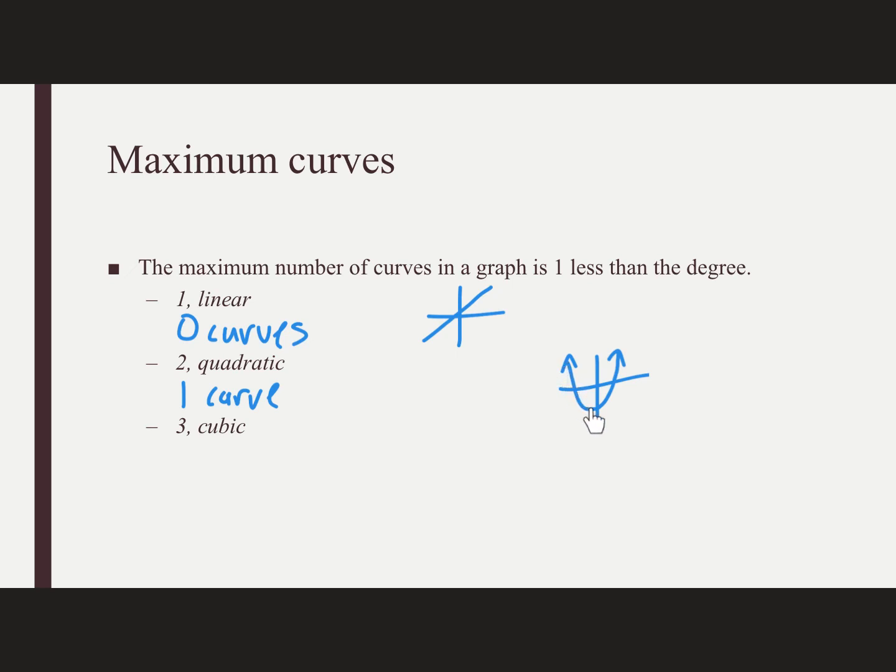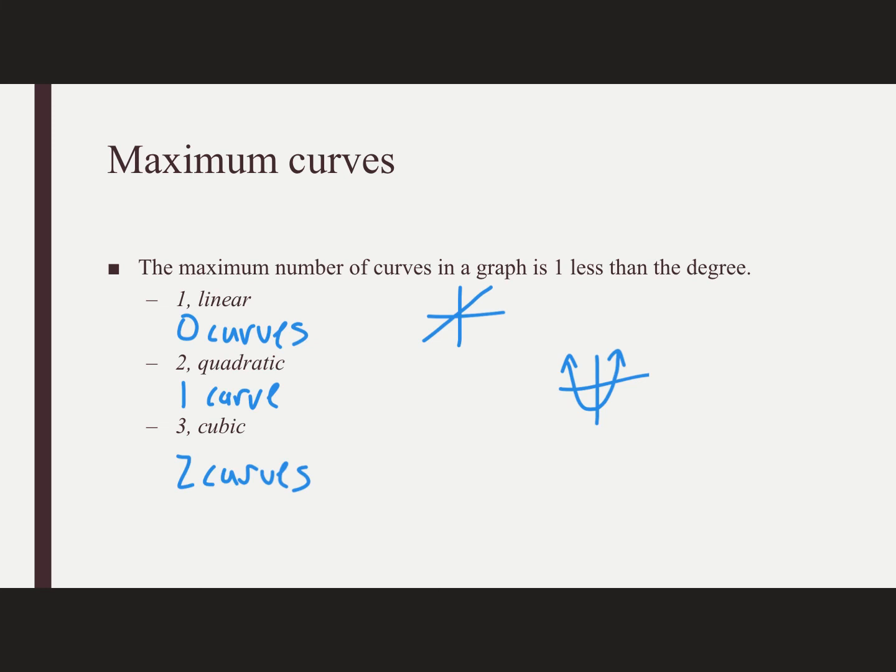It's getting lower and lower, and then it reaches a minimum point, and then it starts going back up. We always read these graphs from left to right. So we would say that it's decreasing until it gets to the vertex, and then it's increasing. That change in direction, going from increasing to decreasing or decreasing to increasing, is what we consider a curve. All right, so a cubic, a degree of 3, has a maximum of 2 curves.